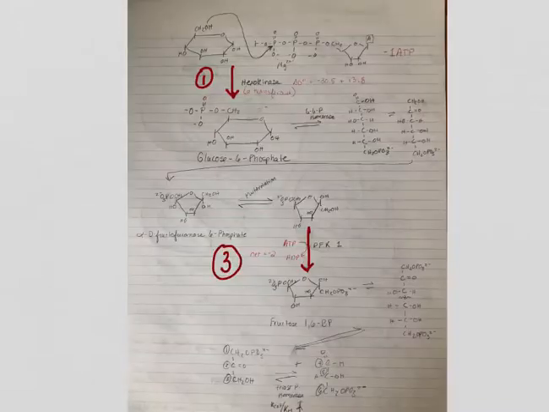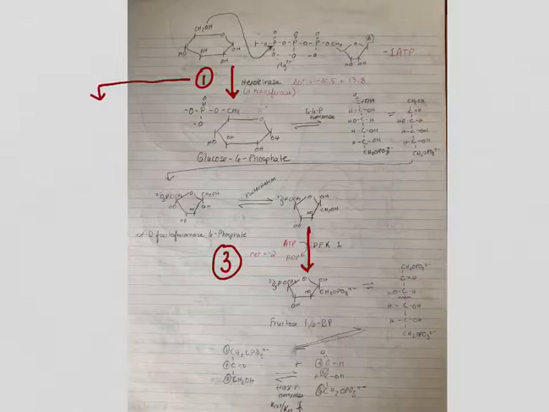pathway. Now, all of these are epically important points of regulation, and I'd like to talk a bit about each one of those, beginning with hexokinase. Hexokinase is actually quite a complex enzyme because in the tissues of the body, it exists as multiple isozymes.